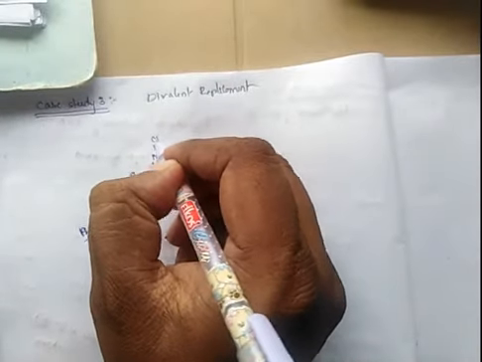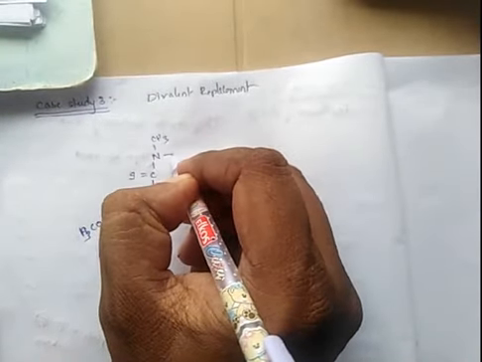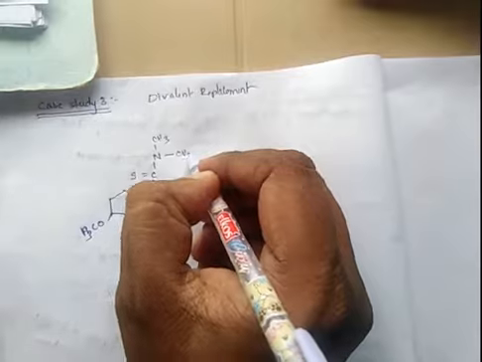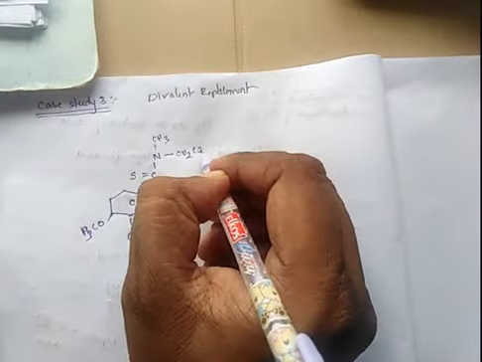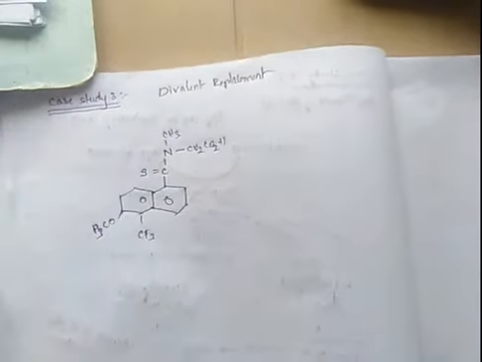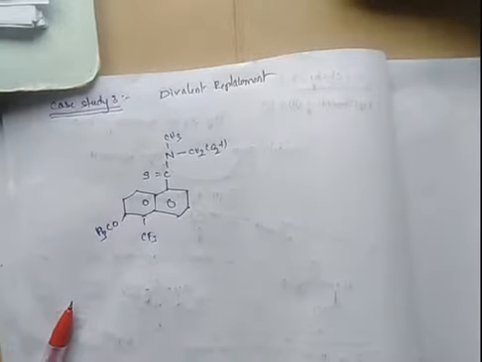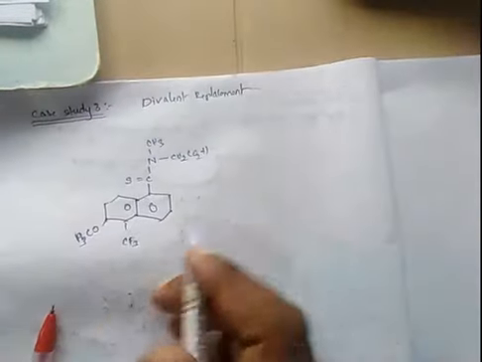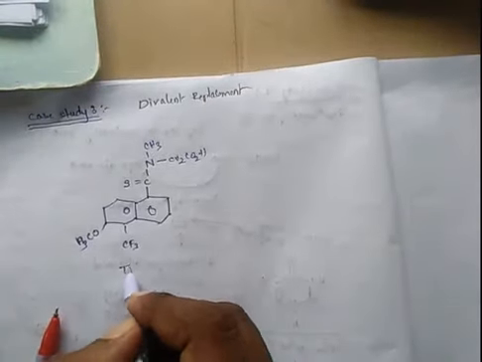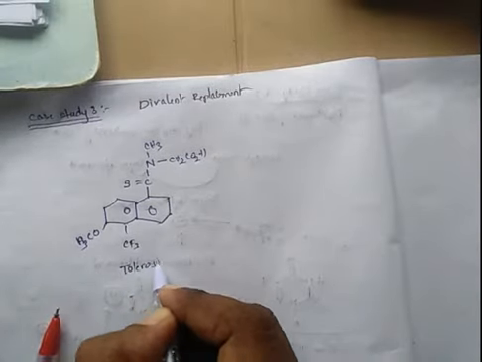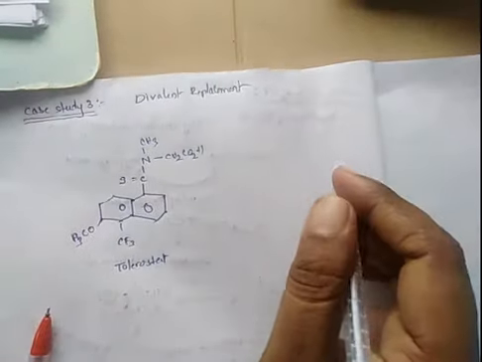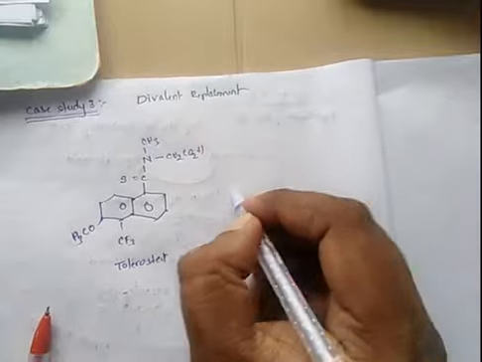It has CH3 and CH2CO2H. This is the structure of tolrestat. The name of the drug molecule is tolrestat.